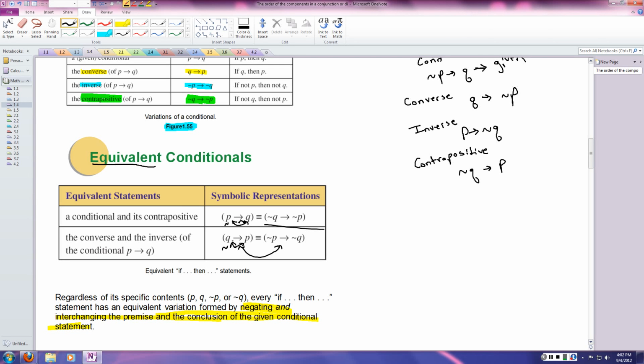If I flip and negate the original one, not P implies not Q, I get an equivalent statement. That's something important to keep in mind as you're doing your homework. Anytime they ask you, are these two statements equivalent? If you write them symbolically and you notice that they are contrapositives of each other, then you have equivalent statements.